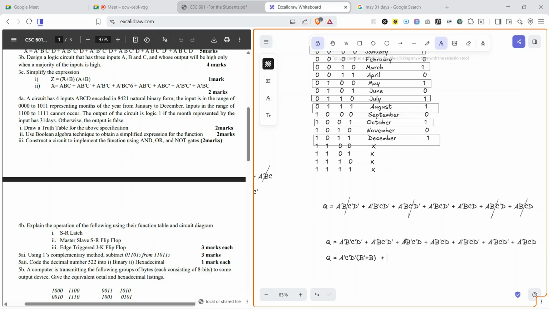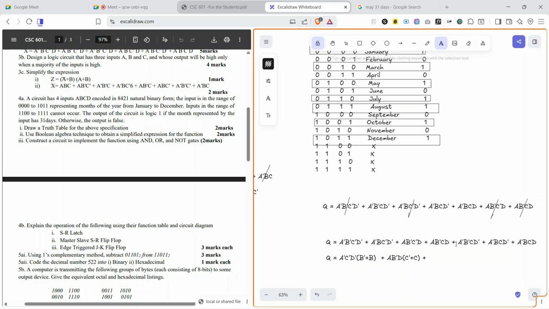Plus, we can move out A B bar D, A B bar D. So we have C bar plus C.